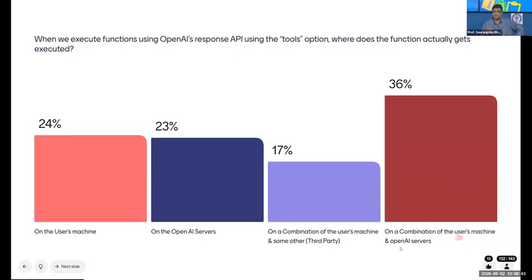So you have to now execute that function call on either your machine, or if the function call involves some sort of a third party call, let's say you are calling a search engine or something, then it gets executed on a combination of the user's machine and some other third party call.